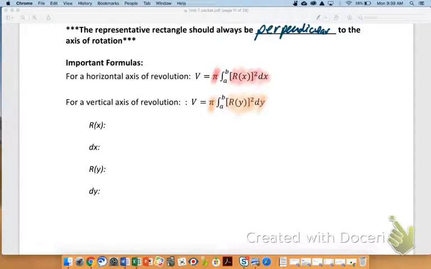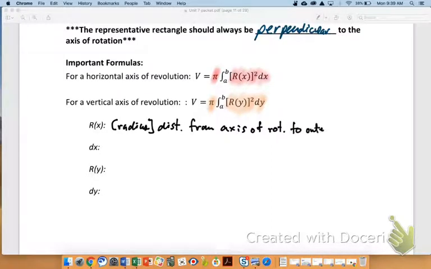And again, this is just reiterating from the picture. What does r of x stand for? Well, this is the radius, probably could be better said as distance from axis of rotation to the outer edge. Distance from the axis of rotation, ROT stands for rotation.